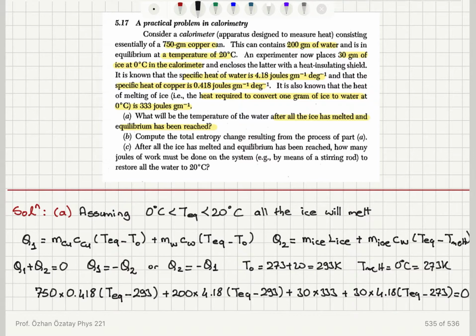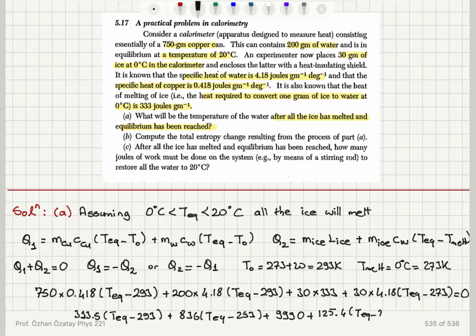So 750 times 0.418, that is 313.5 times T equilibrium minus 293, and then 200 times 4.18, 836 times T equilibrium minus 293, plus 9,990 plus 125.4 times T equilibrium minus 273. This must be equal to 0.